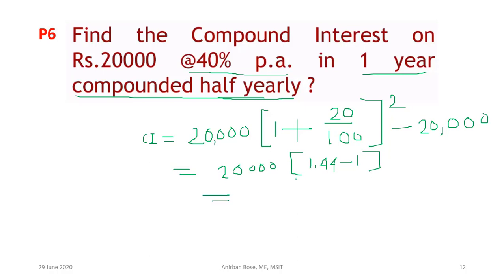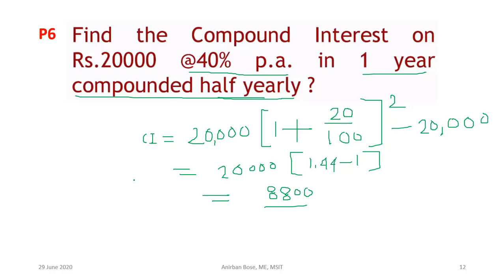So what you are getting out of it, 0.44 into 20,000, so it will become 8800. Okay, so you can find out in this way what is the compound interest.